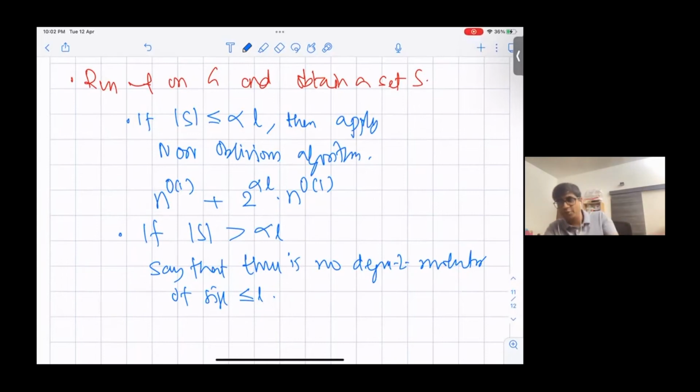It's just that my approximation algorithm returned a solution of size at most 4L, for example, and then all you know is that the solution size is at most 4L, nothing more than that. Okay, is this algorithm clear to everybody?